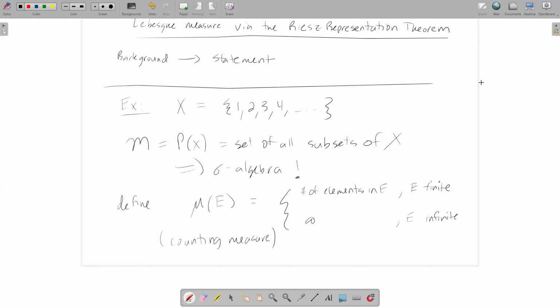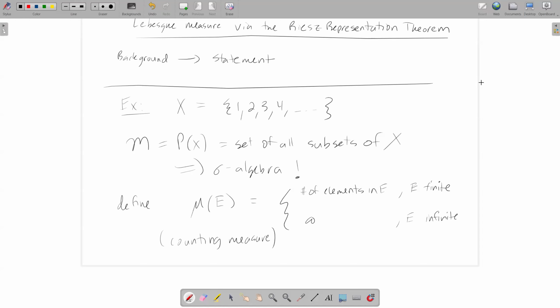It gives you an idea of how you can connect Lebesgue integrals with, say, a discrete sum.